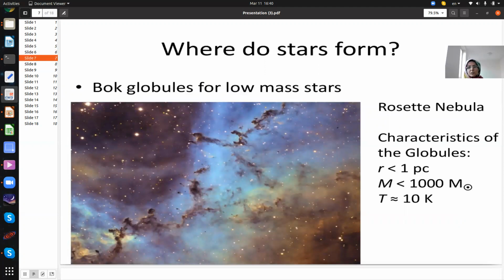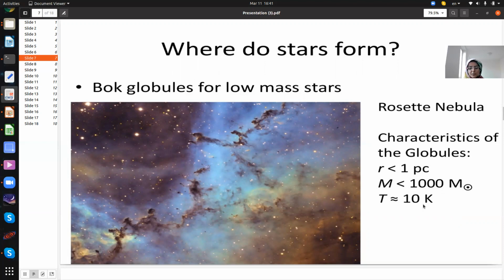And now the question is, where do stars form? In Bok globules for low mass stars. For example, here you see the Rosette Nebula, where we have some stars that will be formed in a radius less than 1 parsec, and mass less than 1,000 solar masses.